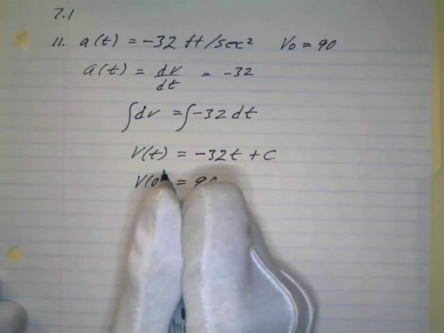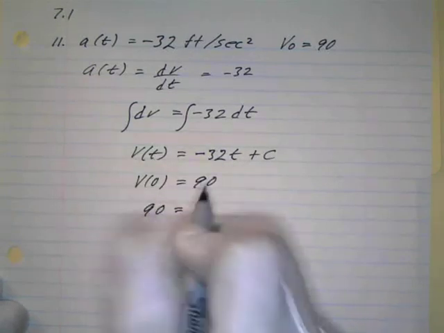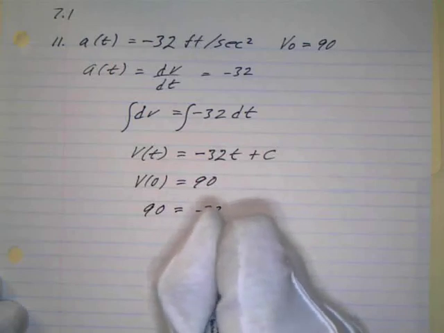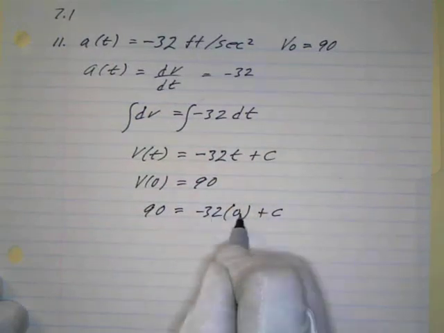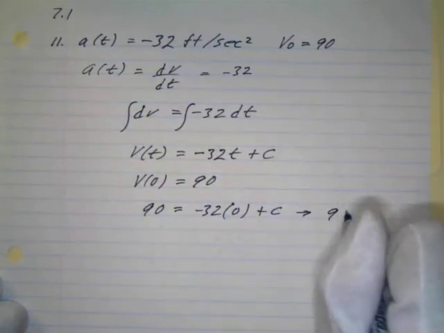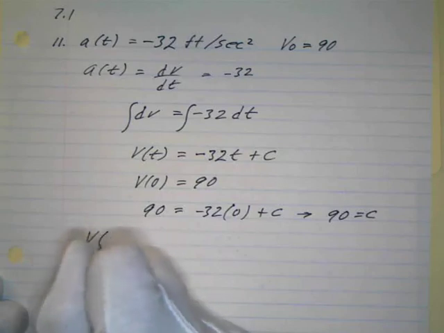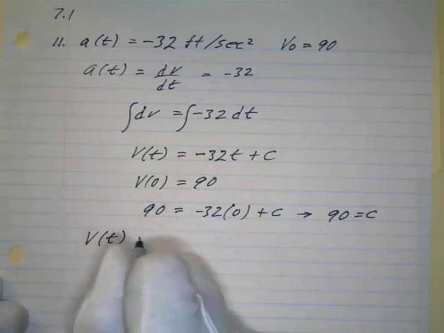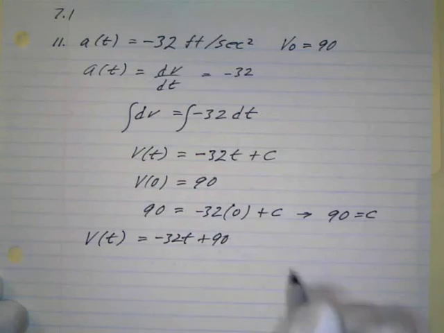So we can solve for c putting the 90 in. When t is 0, 90 equals negative 32 times 0, plus c. So that becomes 0, so we end up having that 90 equals c. So now we can write our general equation for the velocity at any time, and that equals negative 32t plus 90.